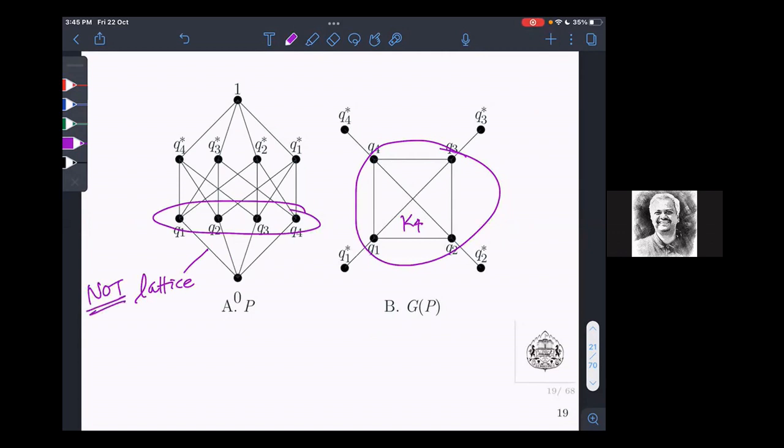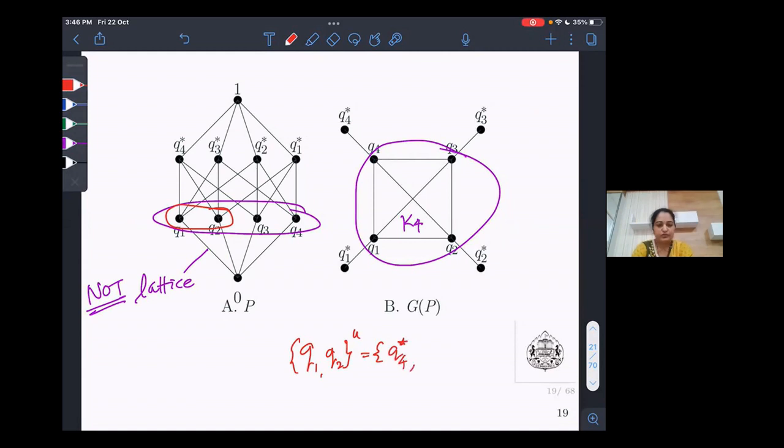Because if I consider Q1 and Q2, what are the elements in the upper cone? Q3 star, Q4 star, and 1 is there naturally.